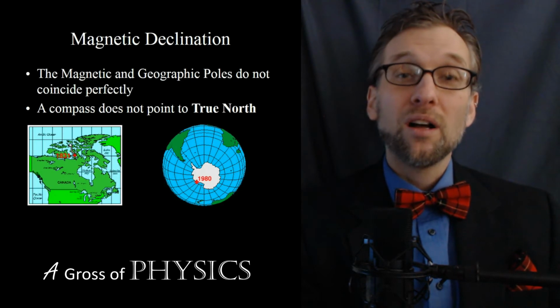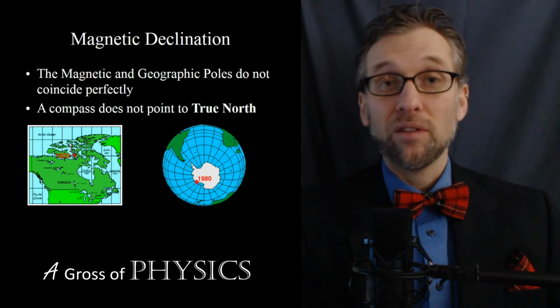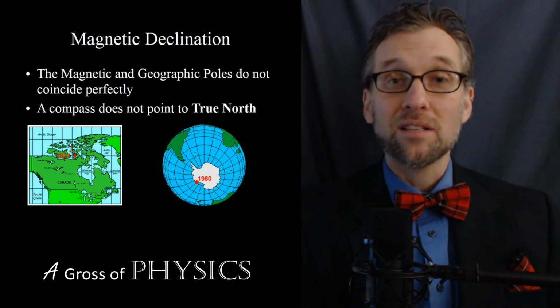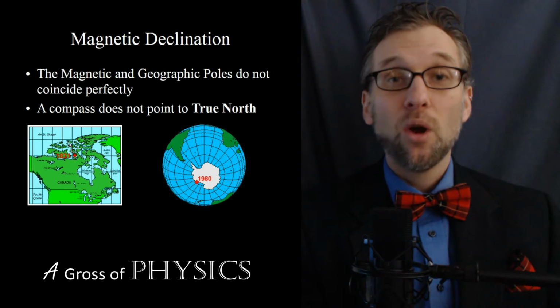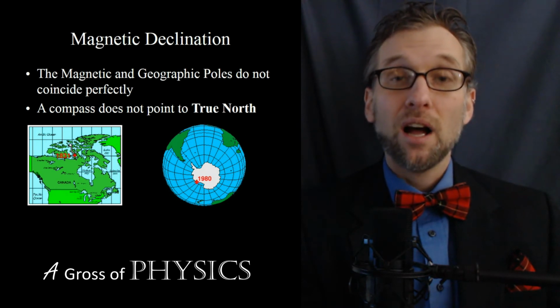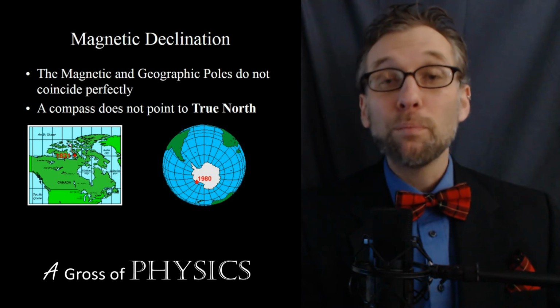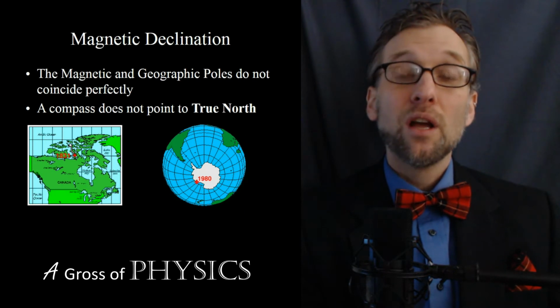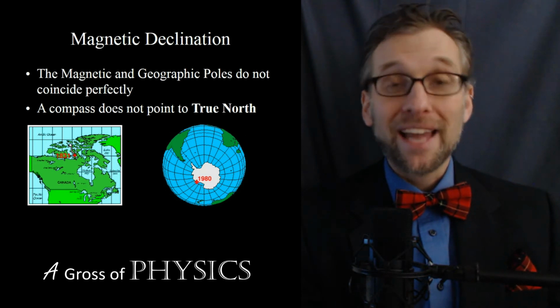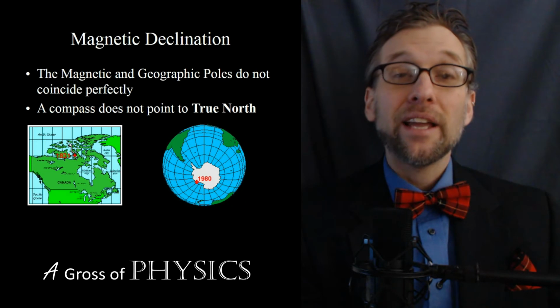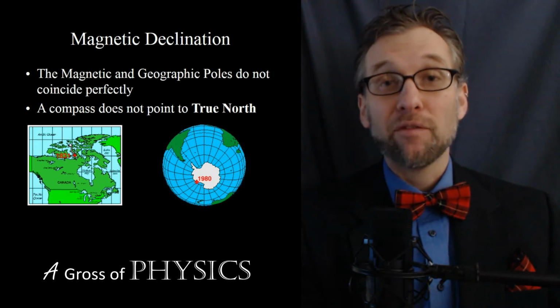The north pole of the compass, which is effectively a tiny bar magnet that is suspended in usually a liquid or just suspended on a movable pivot, will point towards magnetic south, and it lines up within the Earth's magnetic field.